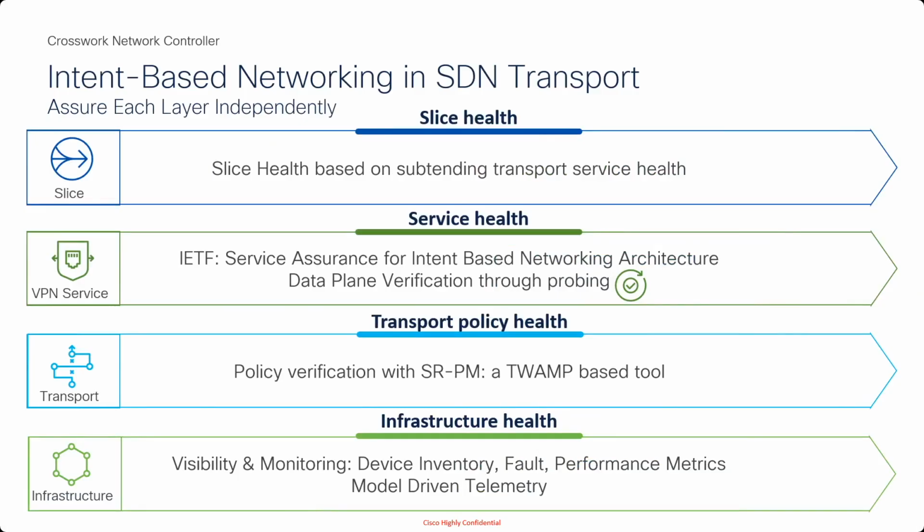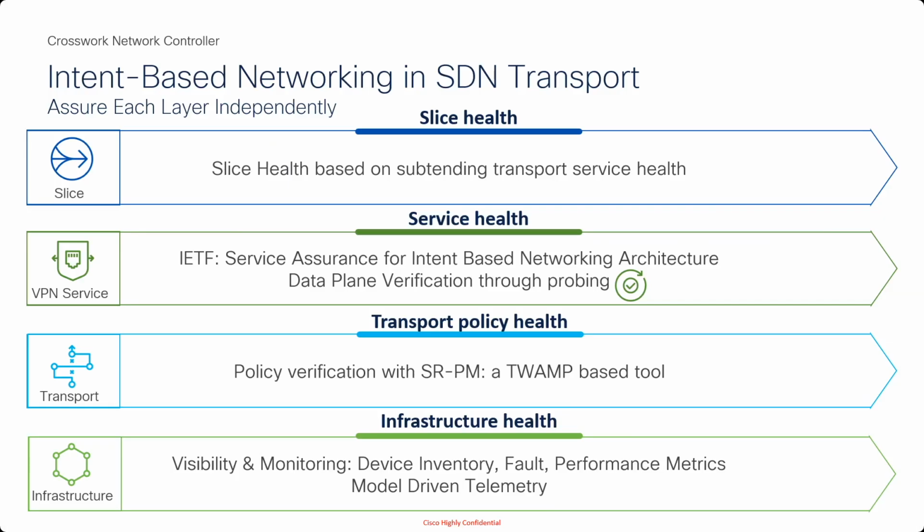The controller has the visibility of the service, so we start by adding service health. Service health represents the innovation that we added in the controller. It is aligned to an IETF concept, not yet an RFC, called service assurance for intent-based networking architecture. I will come back to this concept later on.